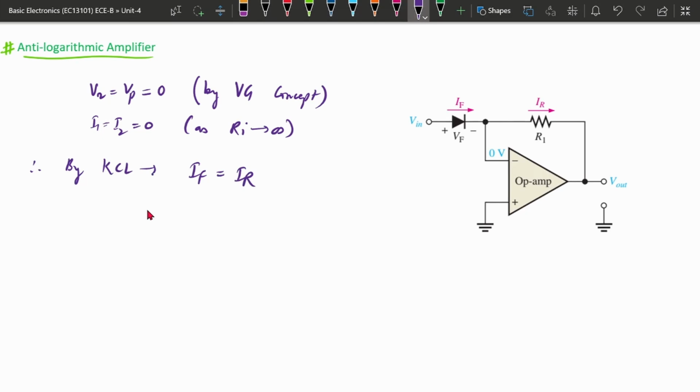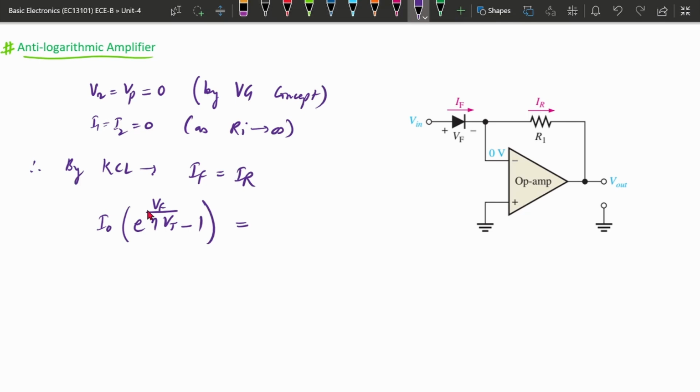IF will be the forward current. So forward current will be I naught e to the power Vf divided by neta Vt, minus 1, which will be equal to the current across this R1. It is flowing from this terminal to this terminal. This is the direction. So 0 to V output is flowing.